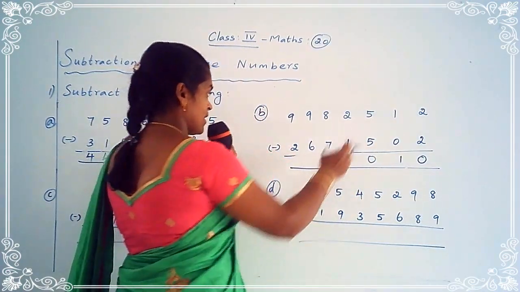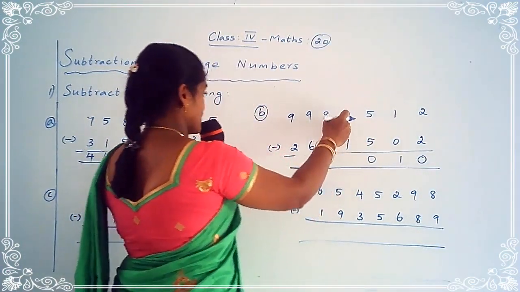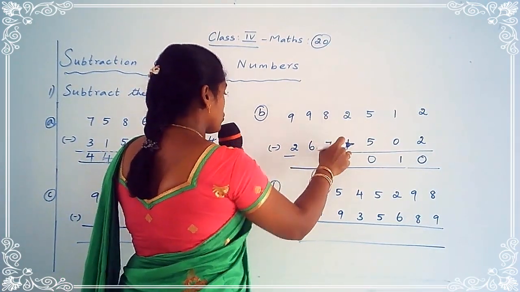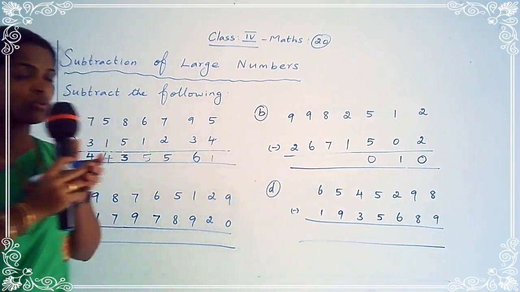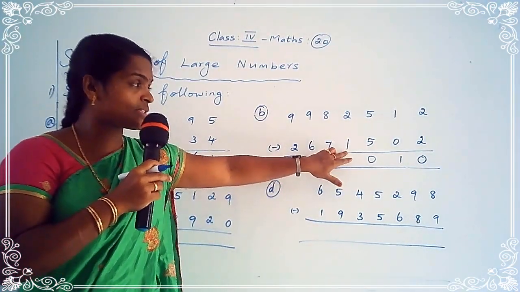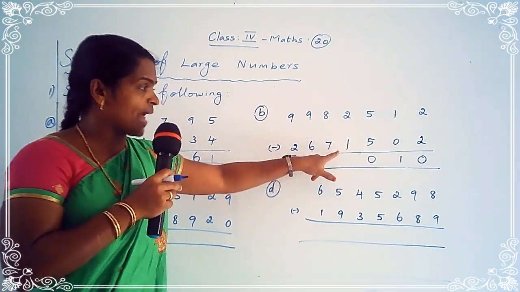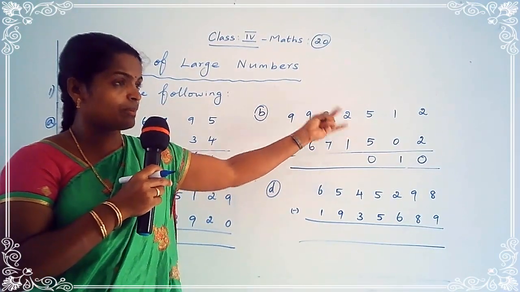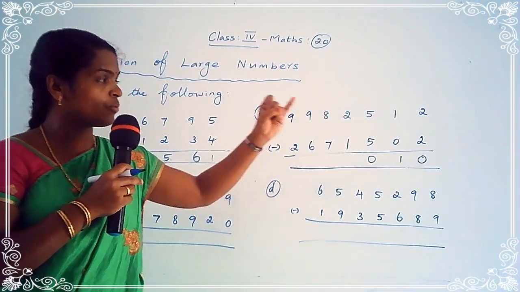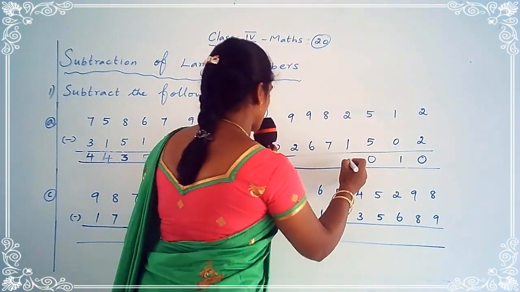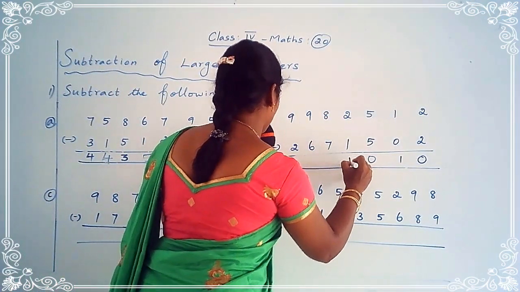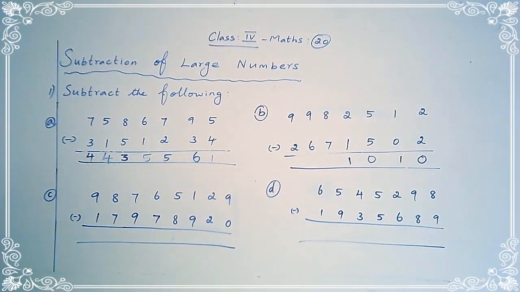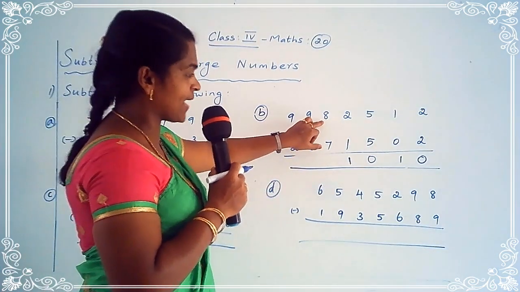Yes. Now you come to the thousands place. Subtracting in the thousands place, 2 minus 1. So take the subtrahend in your mind. So 1 after 2, how much is that? 1. So 2 minus 1 is equal to 1. Next you come to the 10,000 place. The 10,000 place has 8 and 7.